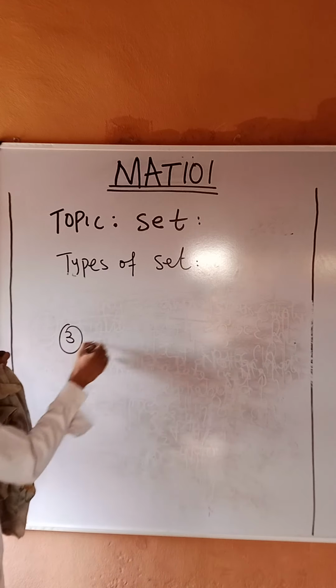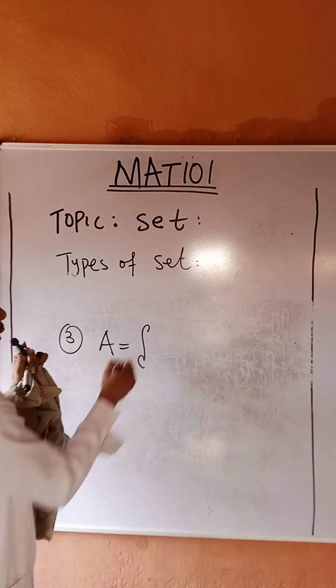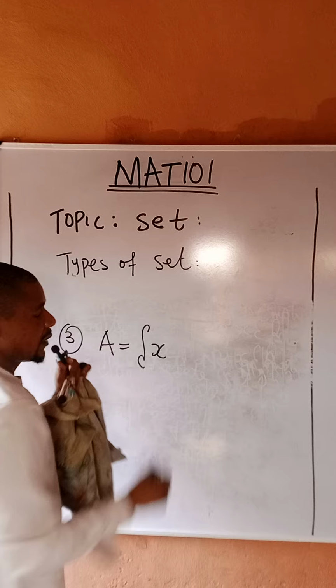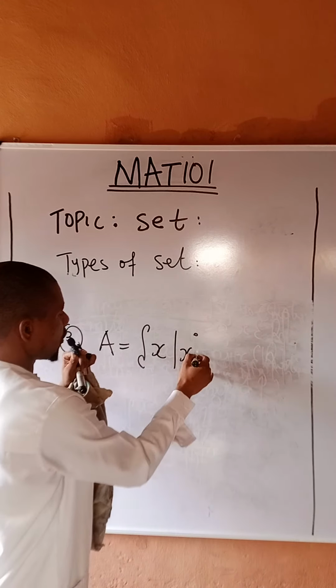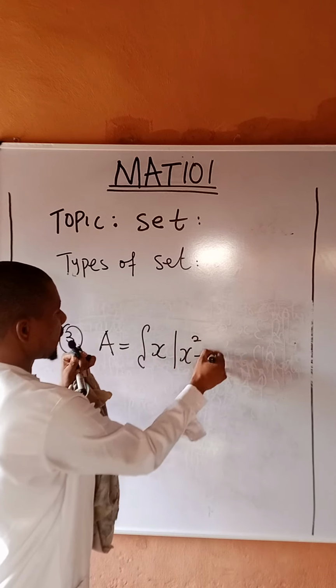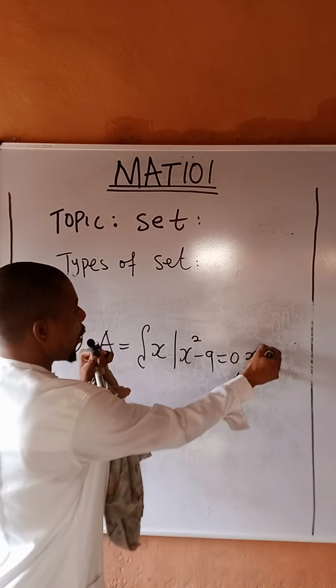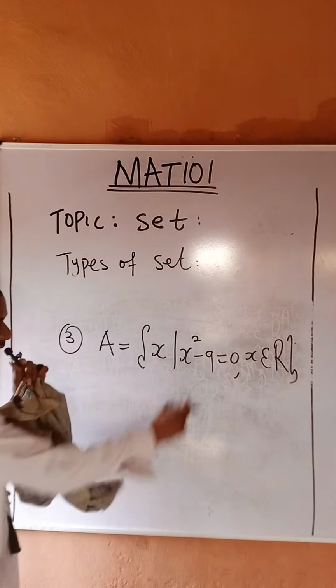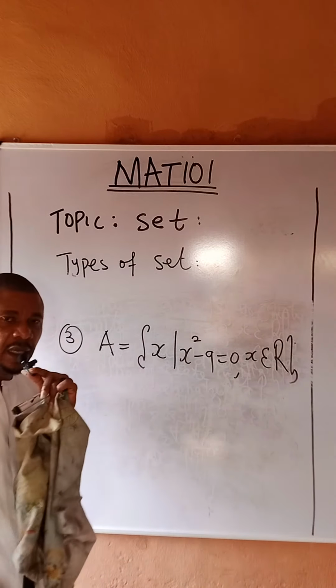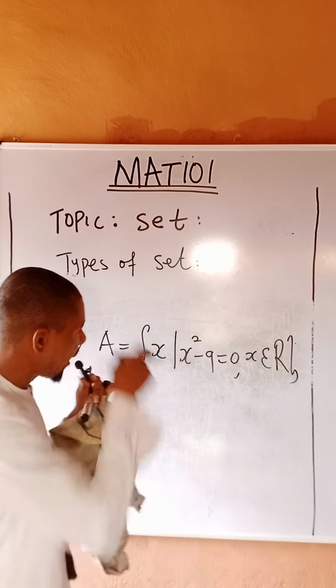Another example is if A is a set of x such that x squared minus 9 is equal to 0, and where x is an element of the real numbers. This is a finite set. It is not an empty set. Why?